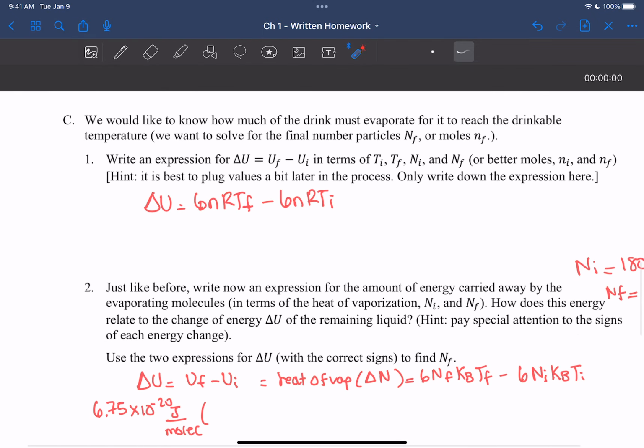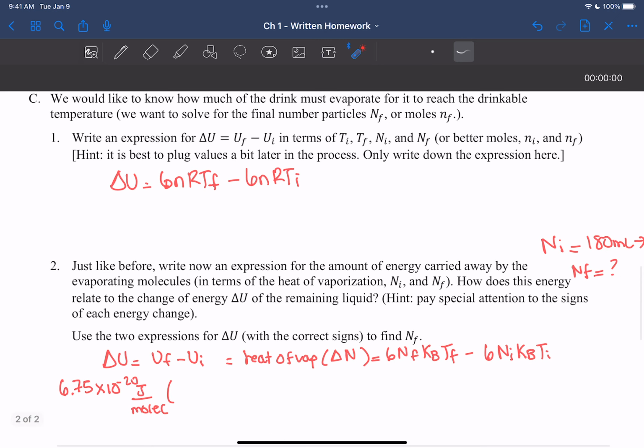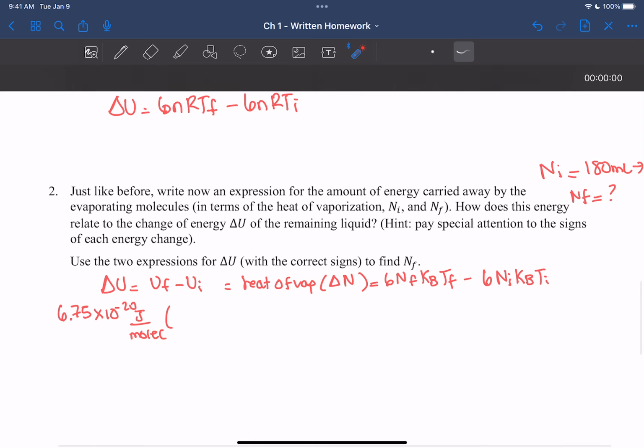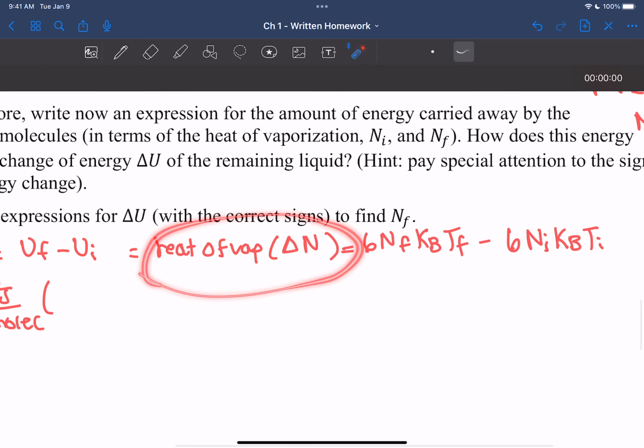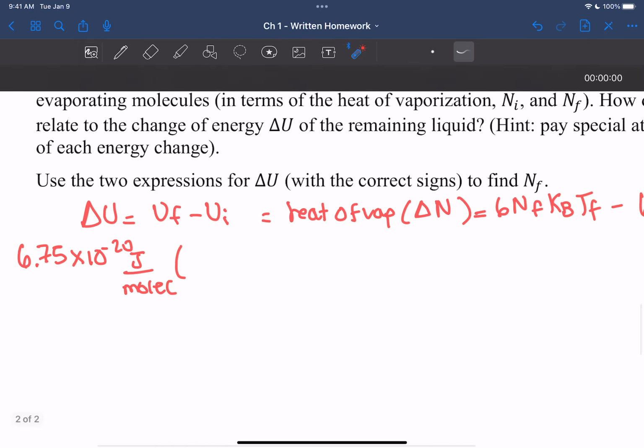It's going to be slightly different for C2 because instead of using moles, little n, we're using molecules, big N. But in order to be kind of consistent with the idea that there's a loss in energy, this part here is going to be a little weird. So we want to make sure that delta U is a negative number, right? We want to make sure that the delta U is a negative number to indicate that there is a decrease in internal energy, right?